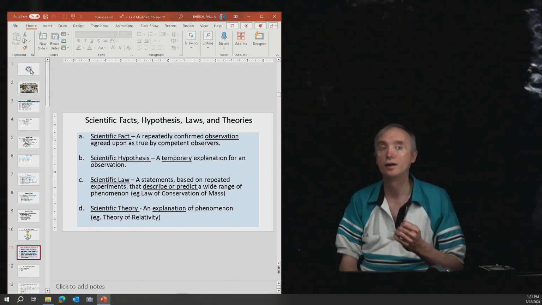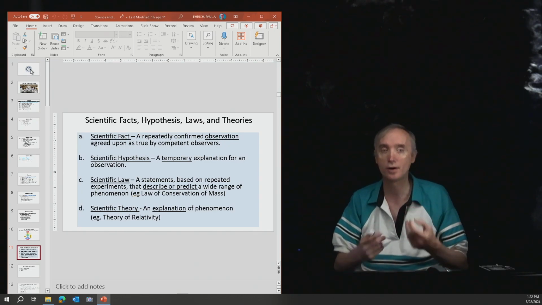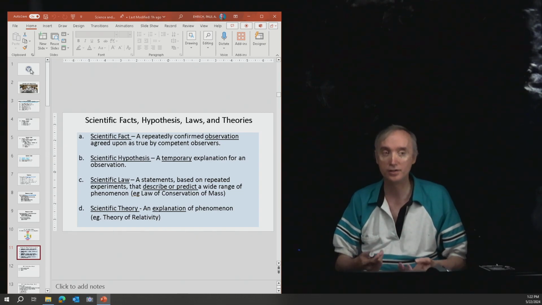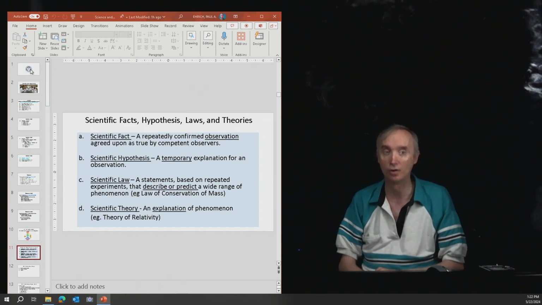So it's temporary, and then if this hypothesis works for each of these experiments, then it can become a scientific law. Now, a scientific law describes or predicts a wide range of phenomenon, but it doesn't explain it.